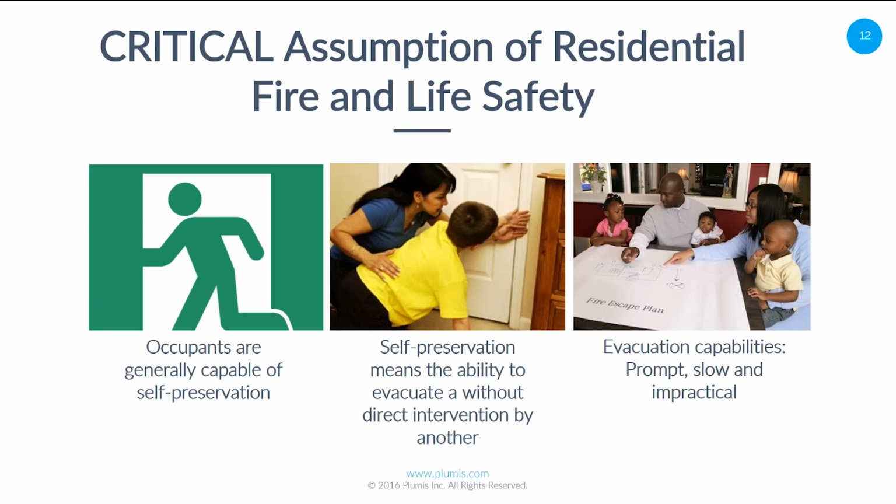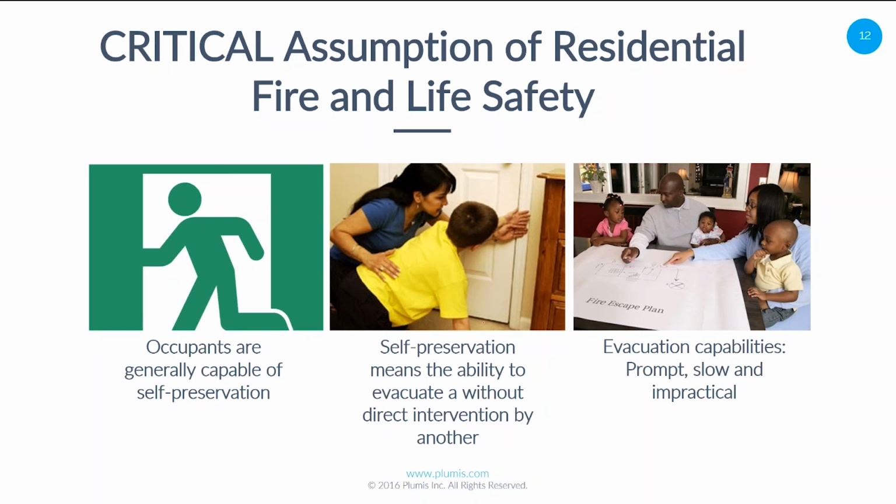Self-preservation means that they have the ability to evacuate without the direct intervention of another. They can take care of themselves, and that is difficult to do when we have an individual in that home health care or hospice environment.